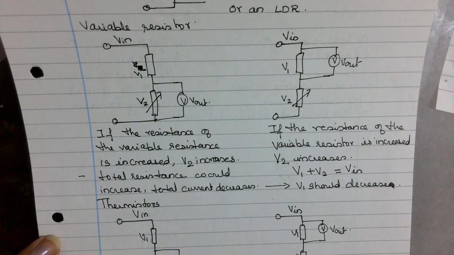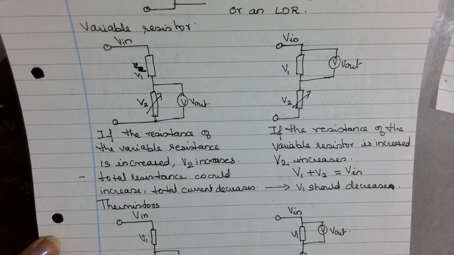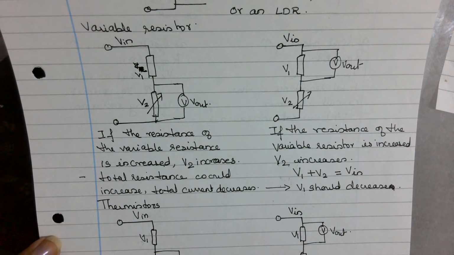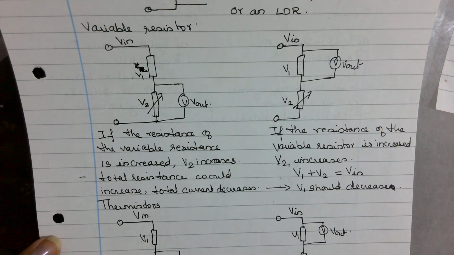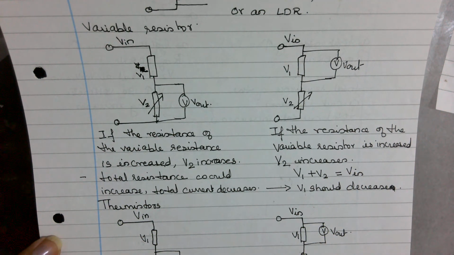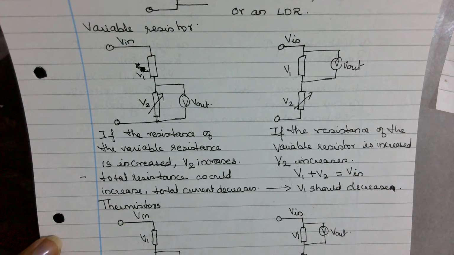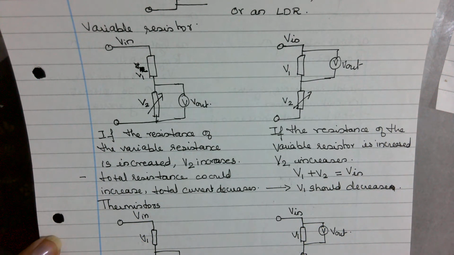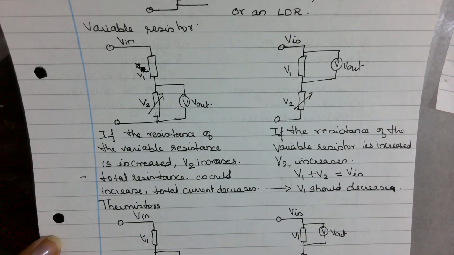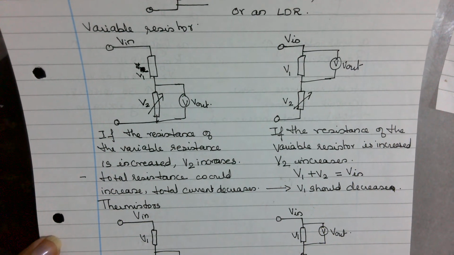Okay, so these are the main things about sensing circuits, where you can use a component whose resistance can be changed, because of which the voltage, the resistance, the current, all the 3 aspects of the circuit can change. What happens to the voltage depends on where you're connecting the voltmeter.